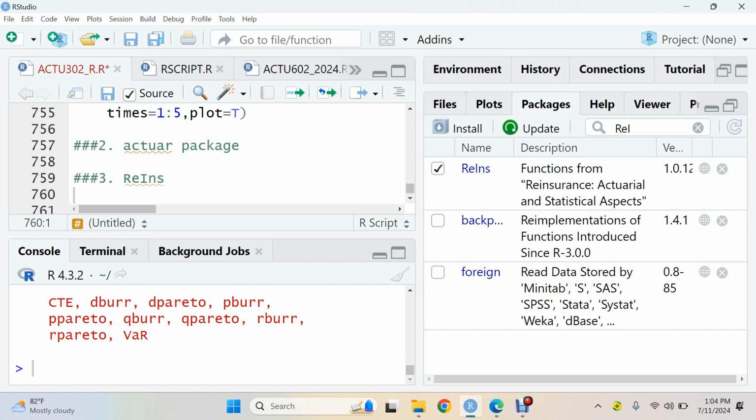But there is a criteria to determine whether a claim will go to the reinsurance company or it will stay with the insurance company.